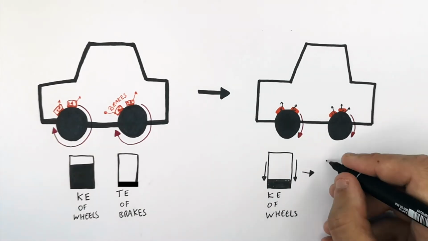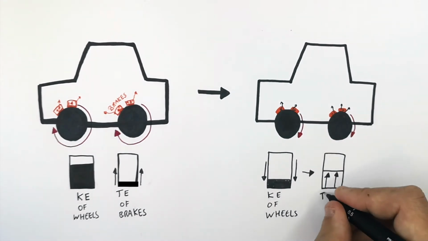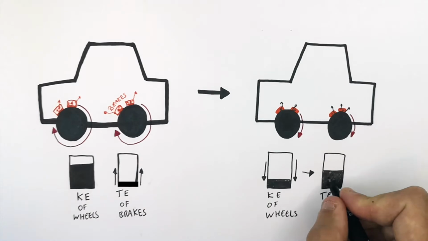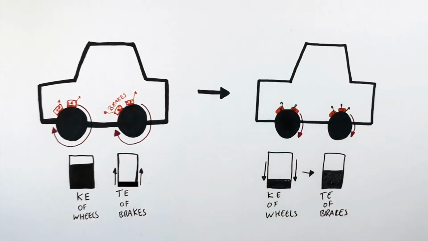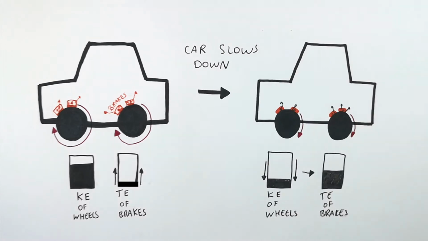So the thermal energy store of the brakes is going to increase. So there's going to be more energy in the thermal energy store of the brakes. Thermal energy is also transferred to the surroundings as dissipated energy, wasted energy.